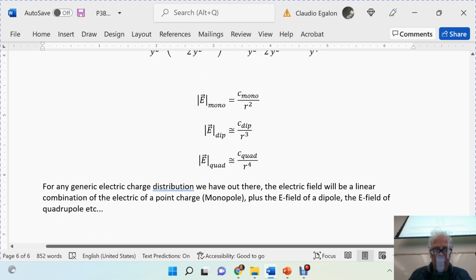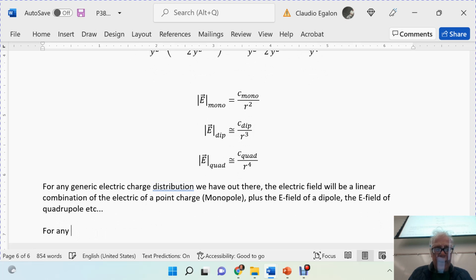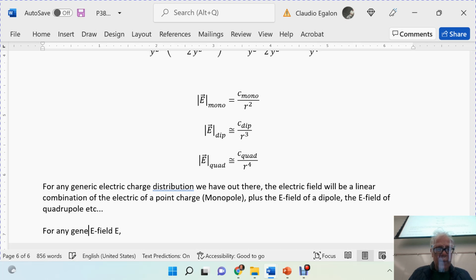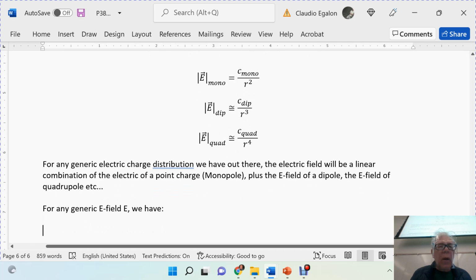For any generic electric field E, let's write this one like that.